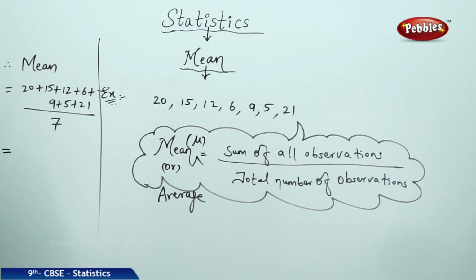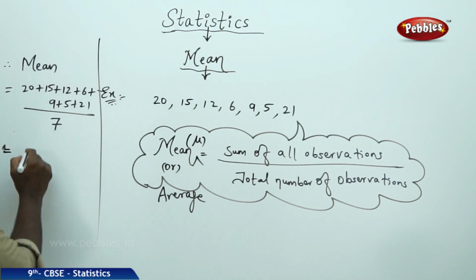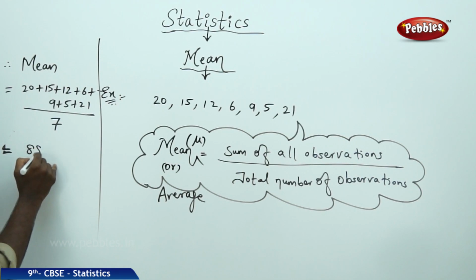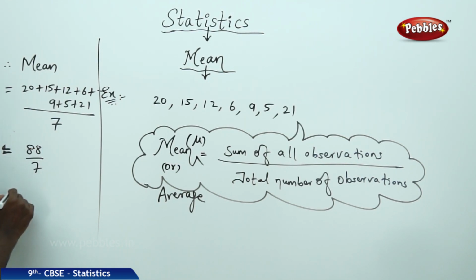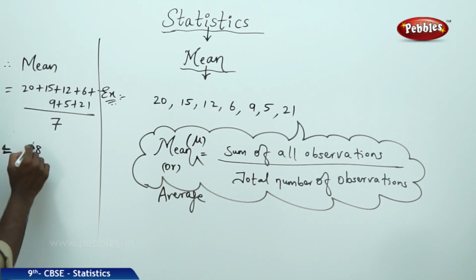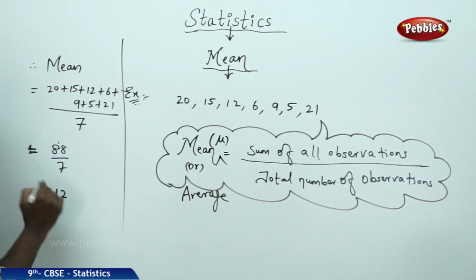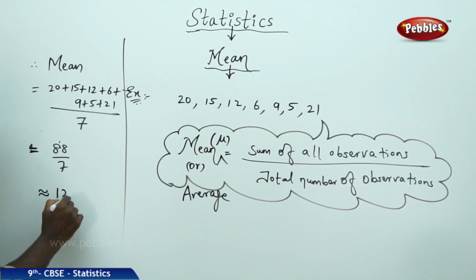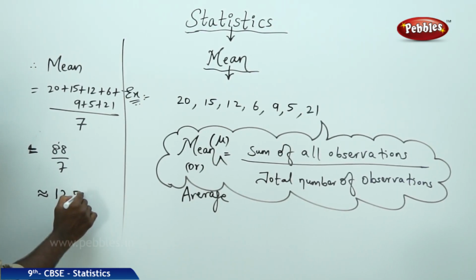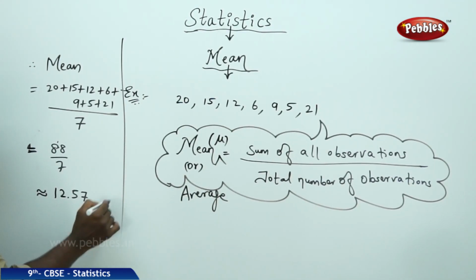So when I add up: 35, 47, 53, 62, 67, 88. So I get this to be 88 by 7, which is approximately 12.6. 7 ones are 7, 18, 7 twos are 14, point 40, 7 fives are 35, 50, and so on and so forth.